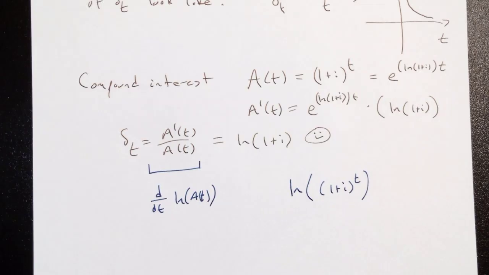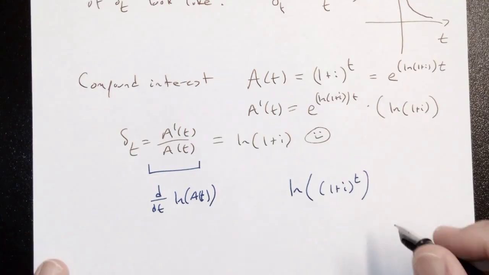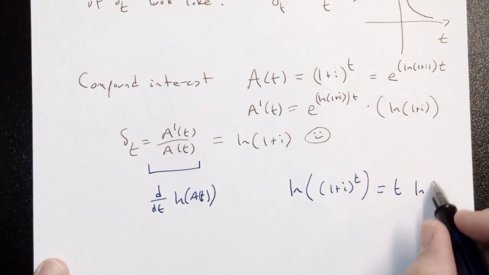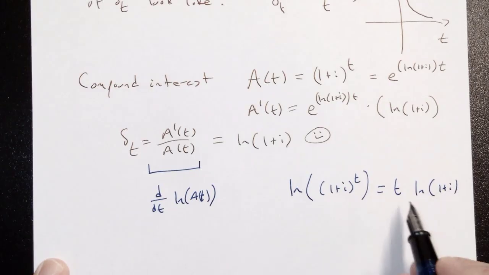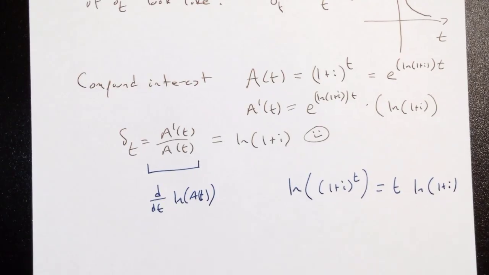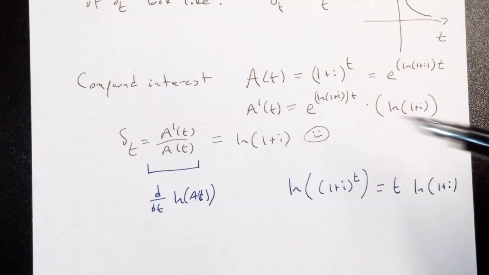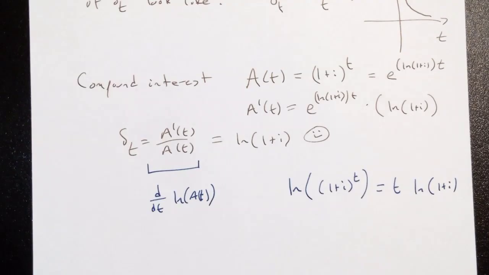There's a property of logs here. Powers jump out front, right? So t times ln of 1 plus i. I want to take the derivative of this. This is number times t. What's the derivative of that? It's ln of 1 plus i. I could have avoided this if I'd used this version of the definition. You sneaky one.